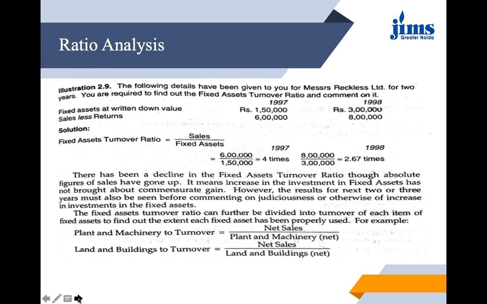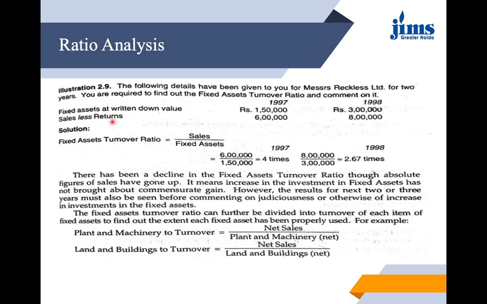Here we have a small question on the basis of this. The following details have been given to you for Messrs. Reckless Limited for 2 years and you are required to find out the fixed assets turnover ratio. You may see that they have given you the data of 2 years, 1997 and 98. It seems to be a bit old, but here it's not about the year, it's about the understanding of the particular ratio.